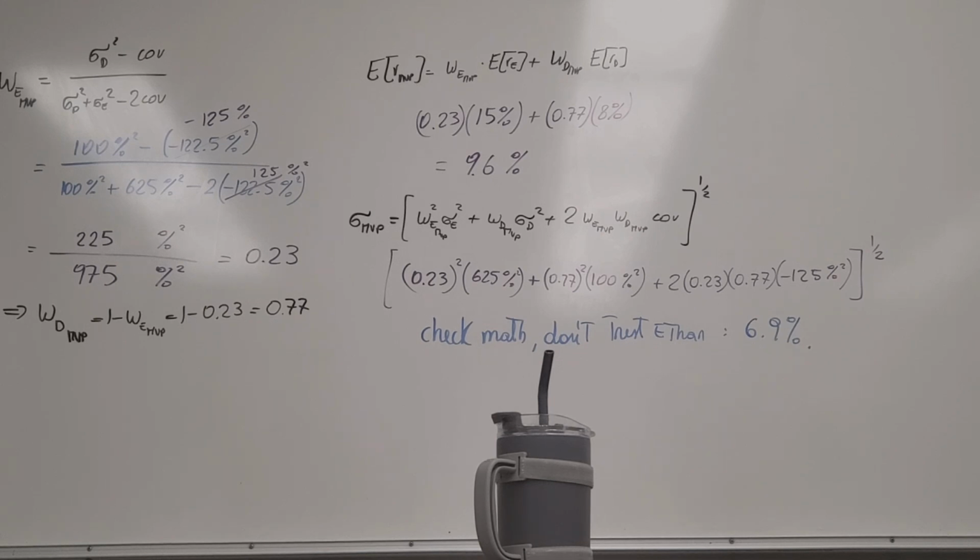So an accurate drawing of this thing is something that starts here, ends there, passes through this point. And at a weight of 0.23, it corresponds to a return of 9.6%.